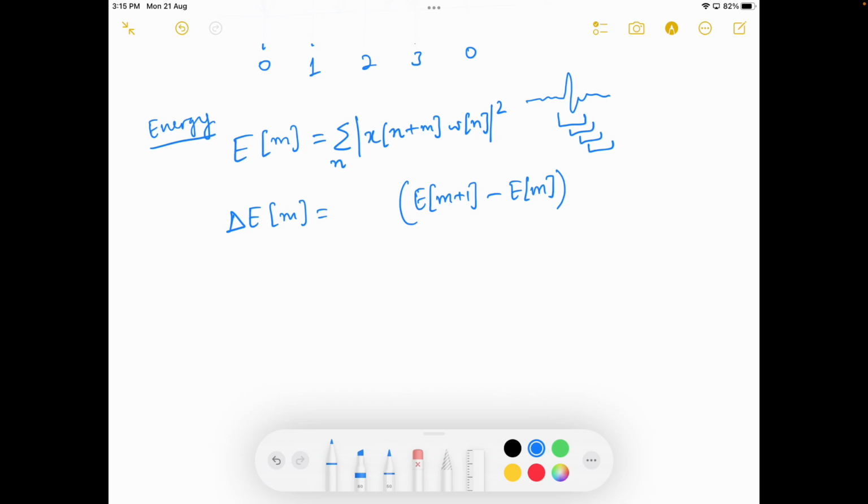So for an onset, which is very sharp, my derivative will be positive. So I'm interested only in positive derivatives. What does this mean? Only if it is greater than 0, then consider it. If it is less than 0, then just make it 0, ignore it. Only interested in energy rises, not energy falls. So this delta E of m can be used to find onset times of strokes, right?